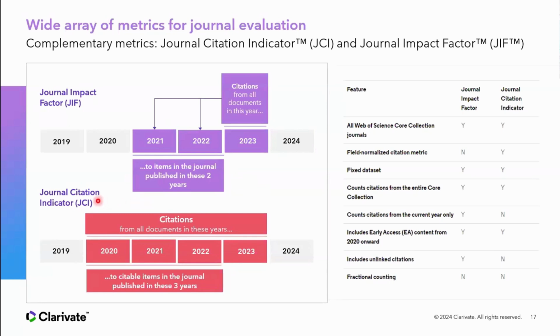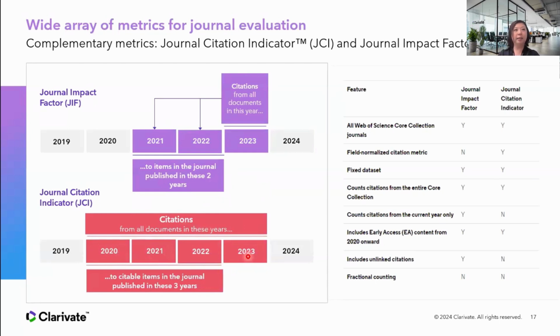The Journal Citation Indicator, on the other hand, is a normalized indicator. So we've taken into consideration the citations from all documents published in 2020, 2021, and 2022, for 4 years. And we use the metric called CNCI.